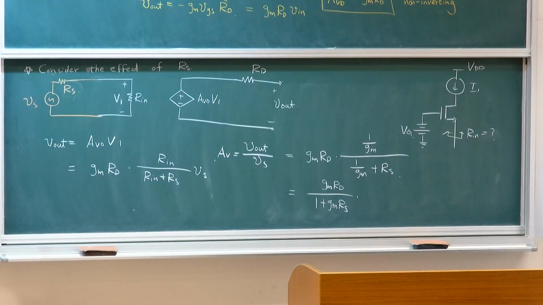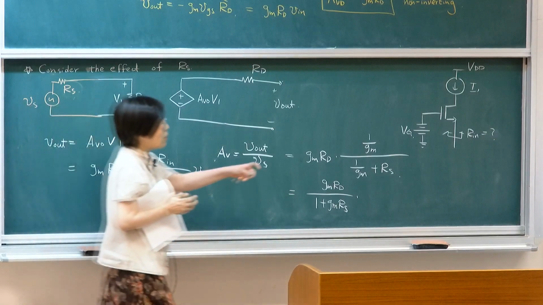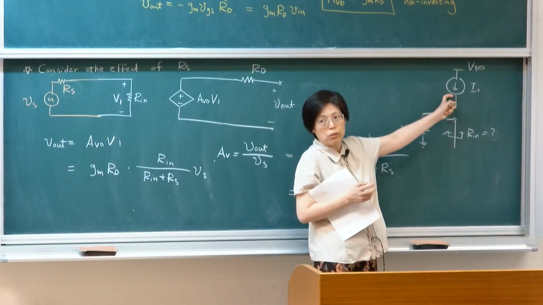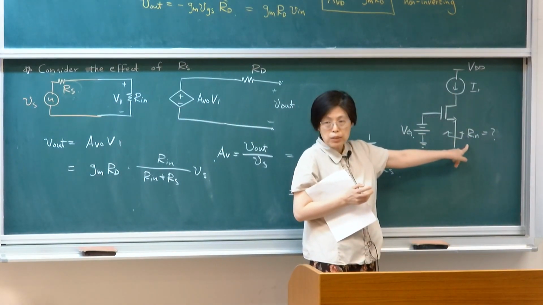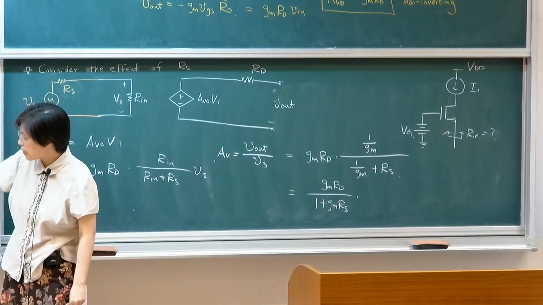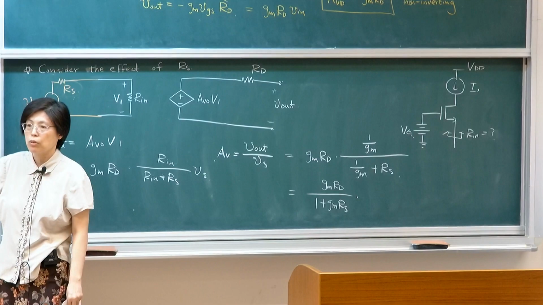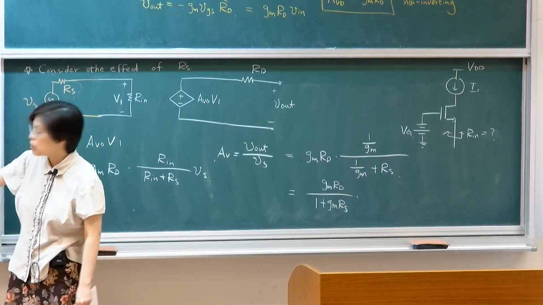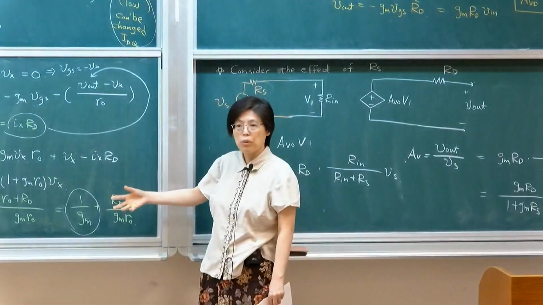In most cases, we assume that the source resistance was supposed to give you low input resistance. But if this is the case, if I have an ideal current source load and I'm looking in from the input, based on this equation, if this is infinite, the whole equation goes to infinite. So this will dominate your overall input resistance.